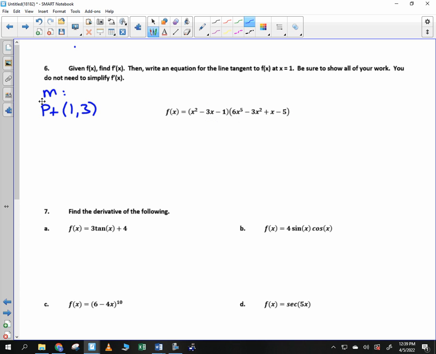Great. So some people might be in this situation and they might multiply everything out, and then take the derivative. I say that there's an easier way. We find the slope by taking the derivative. Help me out.